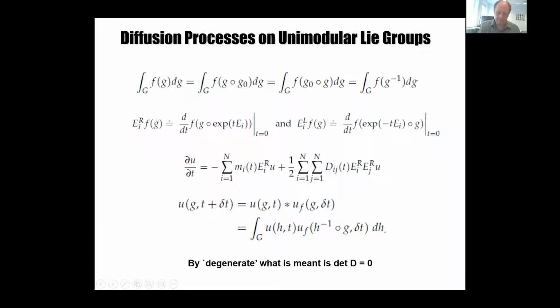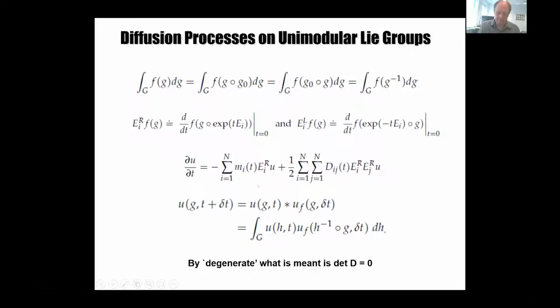I use R for the left invariant derivative because we're pushing on the right, and I use L for the right invariant derivative because we're pushing on the left. So if you read my books and say, no, it's completely wrong, look at the footnotes as to my reasoning for using this terminology. And sort of the canonical diffusion process on a Lie group will look like this.